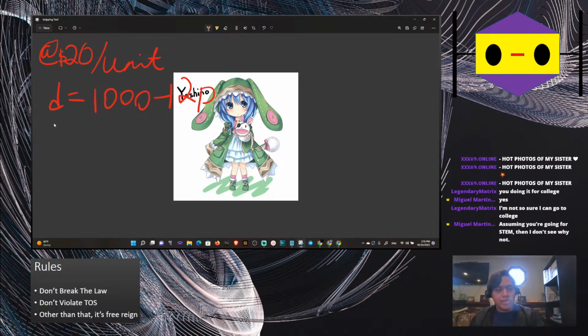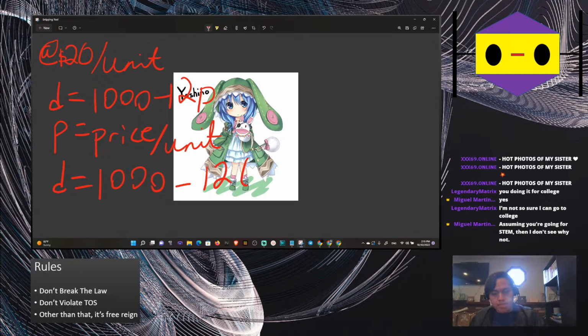And then we also have P is equal to price per unit. Cool? So D is equal to 1,000 minus 12 multiplied by 20. Cool? Which in turn means that D is equal to 720.